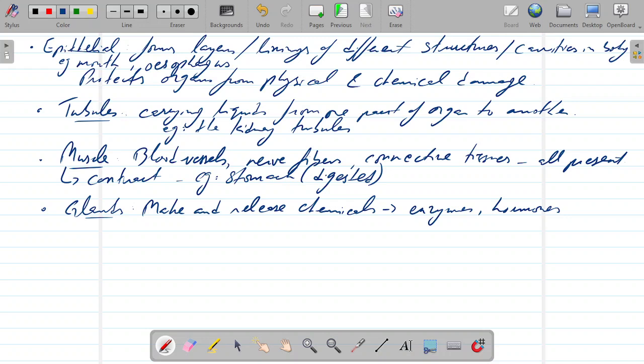They could be secreted into a cavity. You've got salivary glands, so they've got enzymes in the mouth. You've got stomach acid, so hydrochloric acid being released from the stomach. Right, so that is neither an enzyme nor a hormone. Yeah, so those are some examples of tissues.